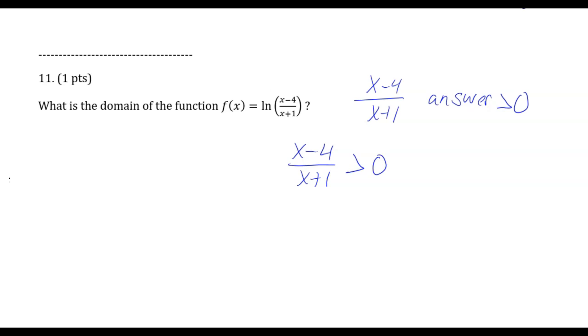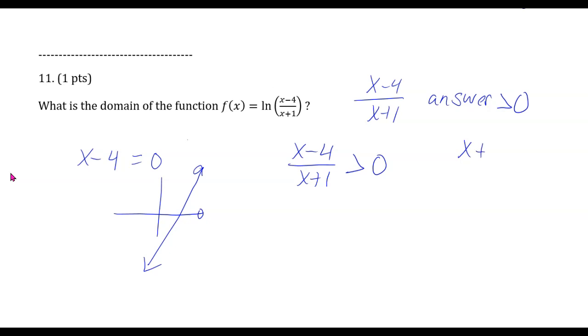I need to consider what we did in the previous section and find out where this is going to be 0. To do that, I can think about the two lines, x minus 4, which is going to be 0 whenever I hit x equal 4. So as long as I am over here above the value of 4, it will be strictly positive. What about the x plus 1?